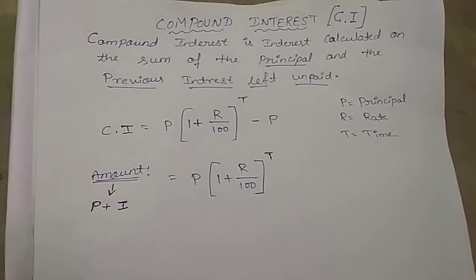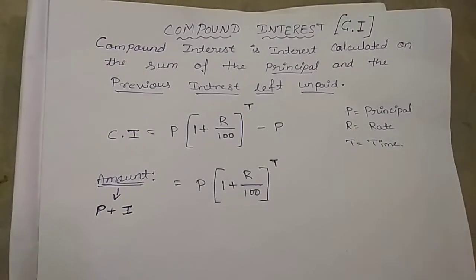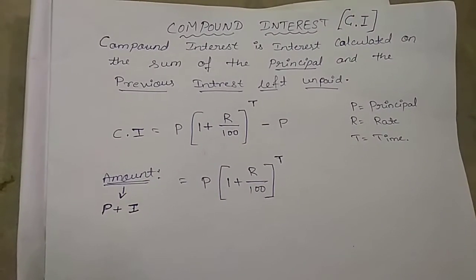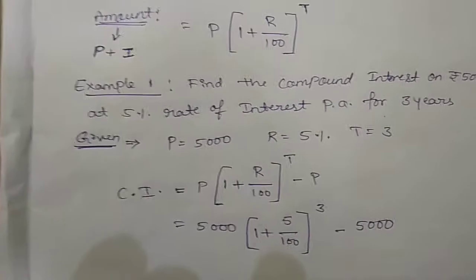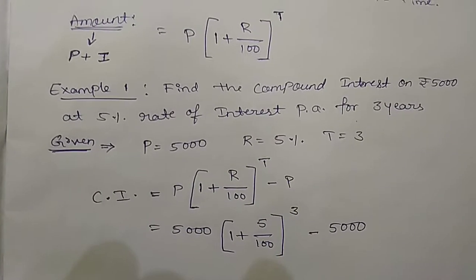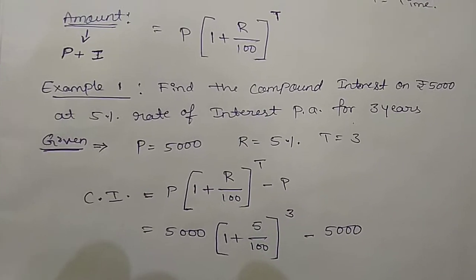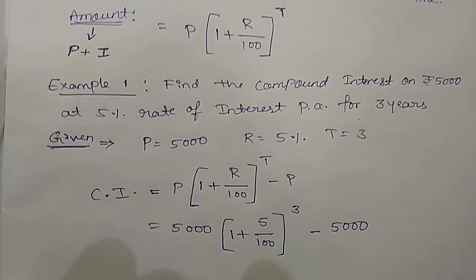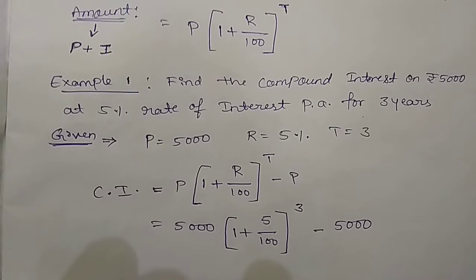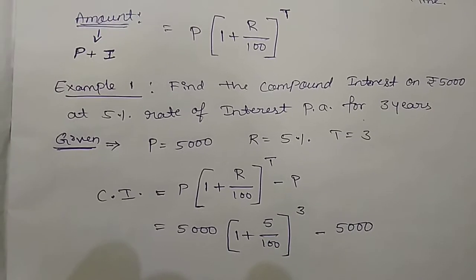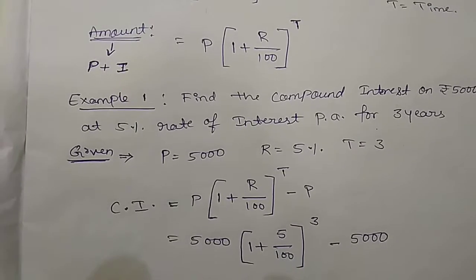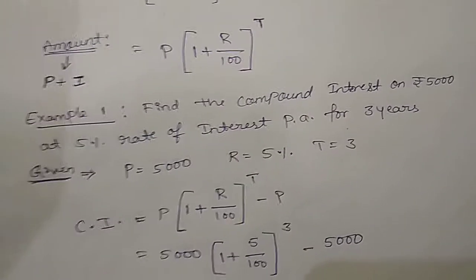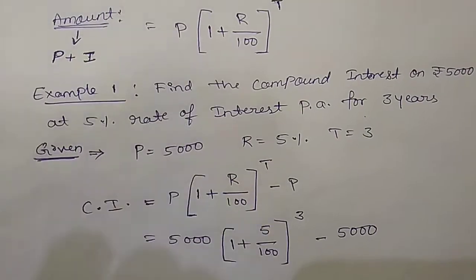Okay, so I will do one simple problem here. After that we will discuss the other things. Example 1: Find the compound interest on rupees 5,000 at 5% rate of interest per annum for 3 years. To make the solution, first we have to write the given information in short form.